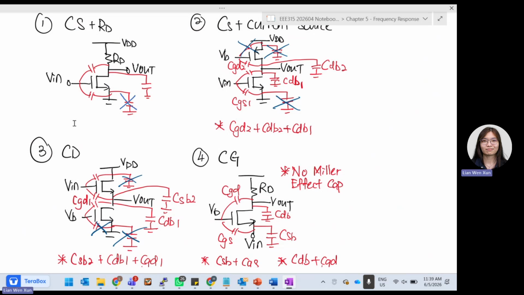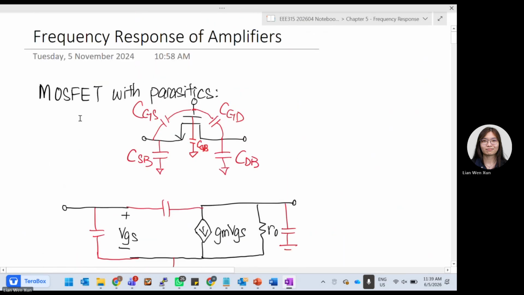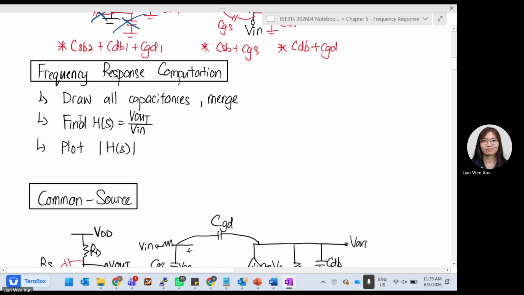Yes, so only these two. No need for small signal, no need for anything. Just draw out how many capacitors are left in the end and how you can combine them before we go into the real small signal model.